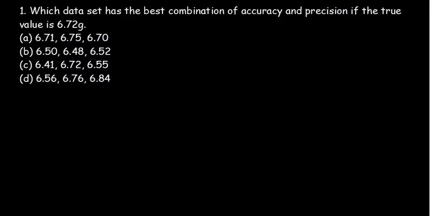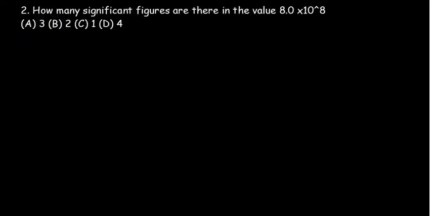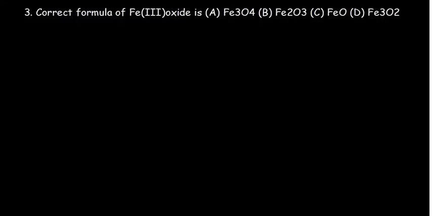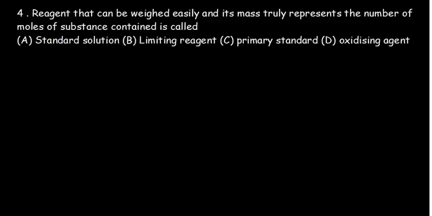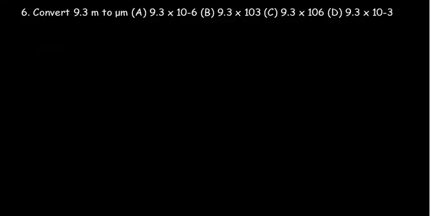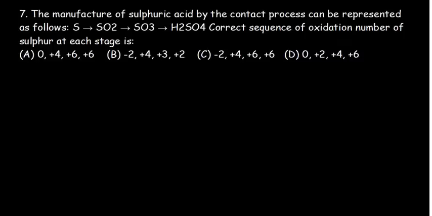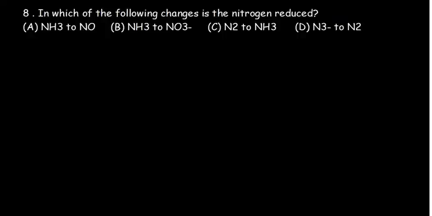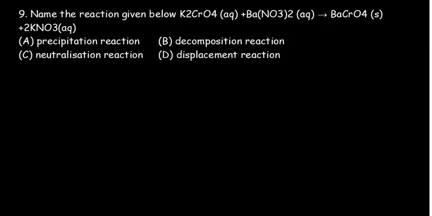In this tutorial, we're just going to handle some chemistry practice questions. So, introduction to chemistry, we'll look at accuracy and precision, we'll look at significant figures, we'll look at determining the formula, we'll look at the oxidation state, we'll look at conversions, we'll look at again the oxidation numbers and all that.